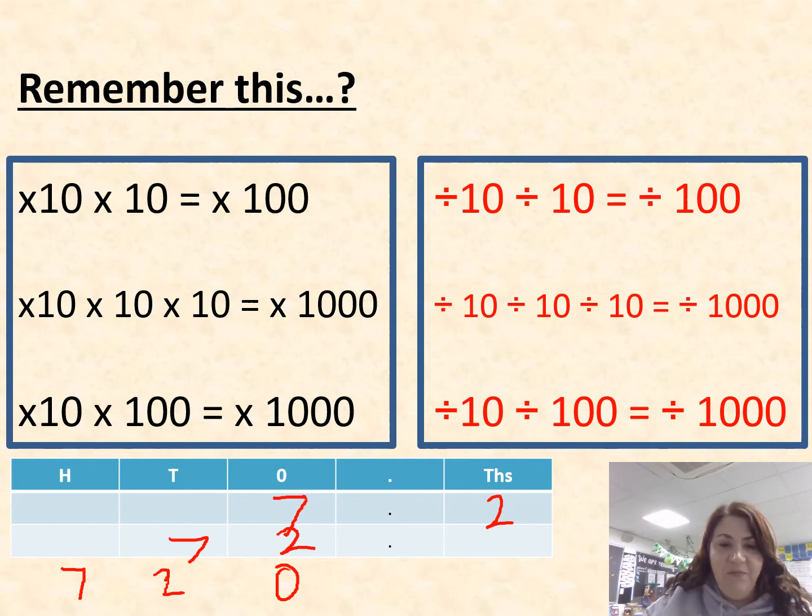And that's the same as multiplying 7.2 by 100. So 10 and then 10 again is the same as multiplying it by 100. And then if I did another 10, the 7 ends up in the 1,000 column, it would be the same as multiplying by 10 and then 10 and then 10 again, or 10 and then 100. And then exactly the same, but working backwards with division.